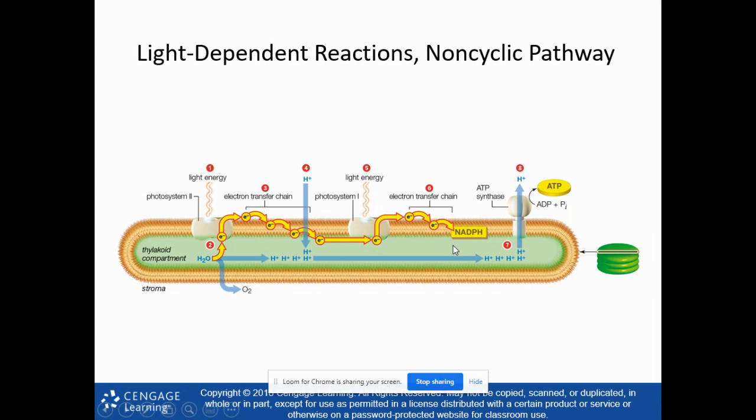Okay? All right, and then the final electron acceptor at the end of photosystem 1 is NADP, which then forms NADPH. And NADPH and ATP are needed for the next step, the light-independent reactions.